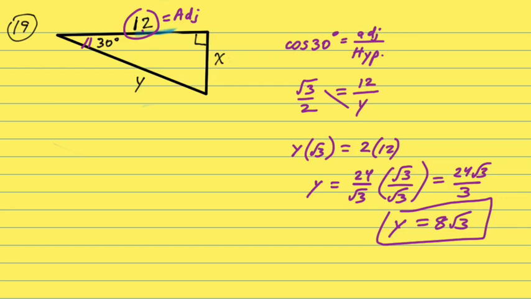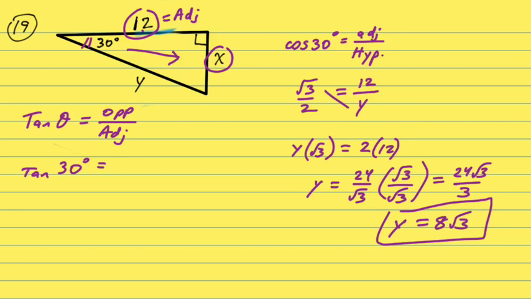Now what trig involves the adjacent and the hypotenuse? We found the hypotenuse, I'm sorry. The adjacent and the opposite. Would that be tangent? Tangent is opposite over adjacent. So I could put tangent of 30 degrees equals what's opposite?